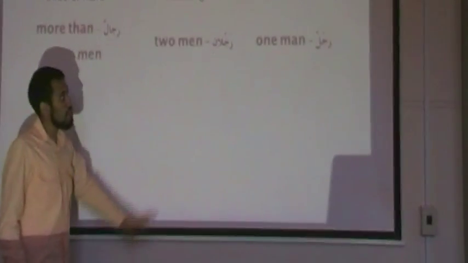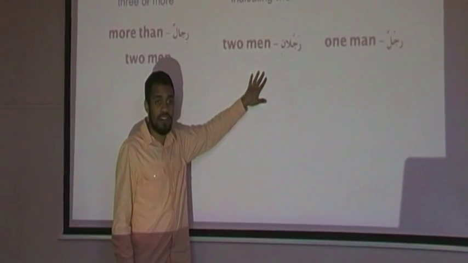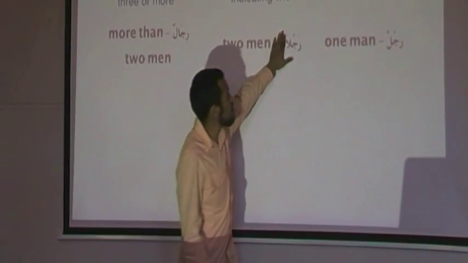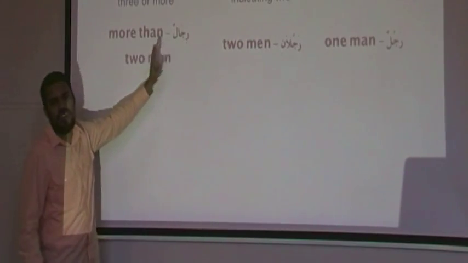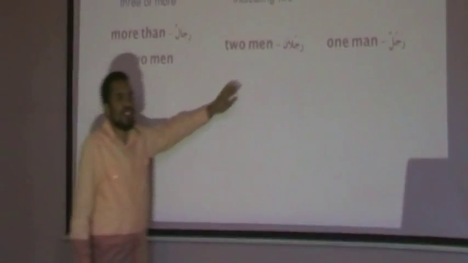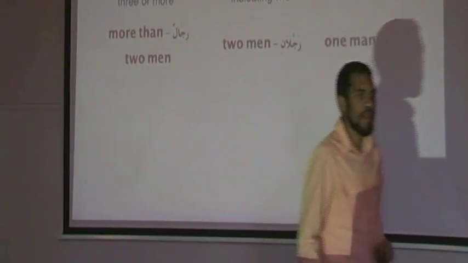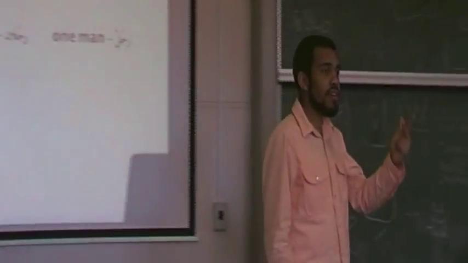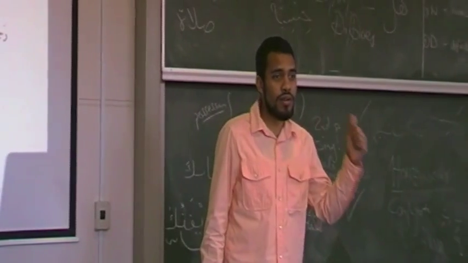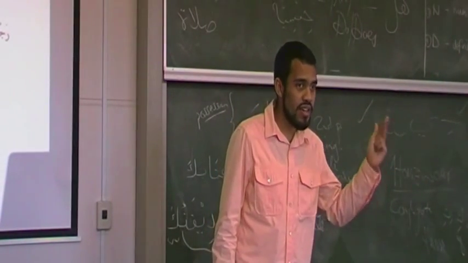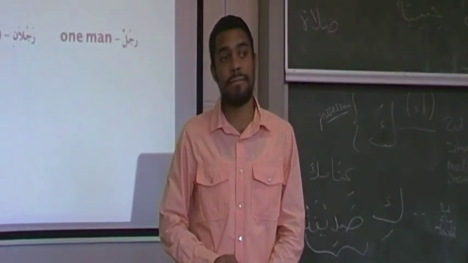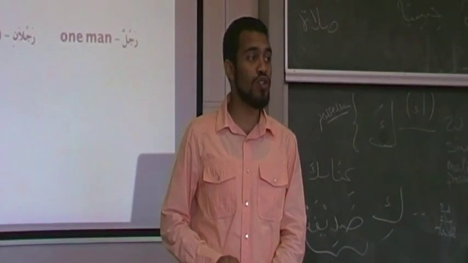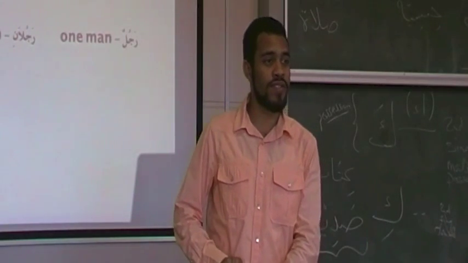The dual always preserves the original part of the word. The plural can preserve and it can also not preserve. With me? So rajulun, rajulani, rijalun. Everybody say it.